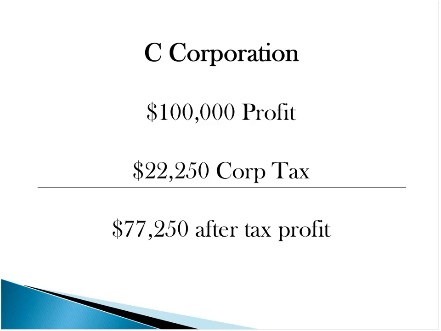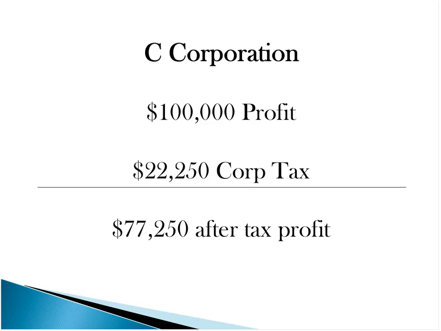Now, if you were a C corporation, C corporations are a separate entity that pay their own tax. So a C corporation starts out in a 15% bracket for the first $50,000, but climbs pretty rapidly after that, up to a 35% bracket.